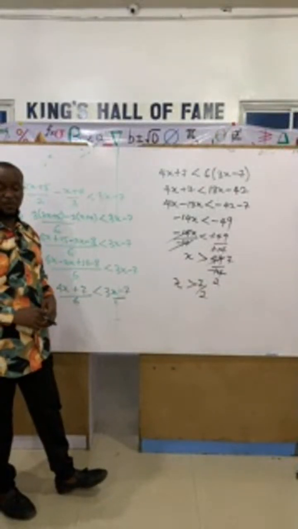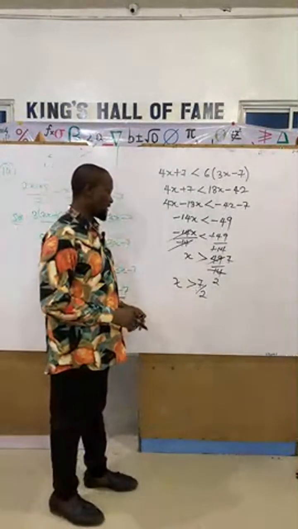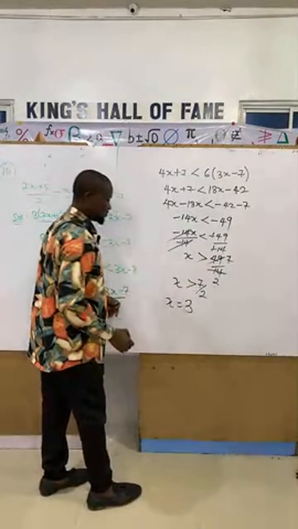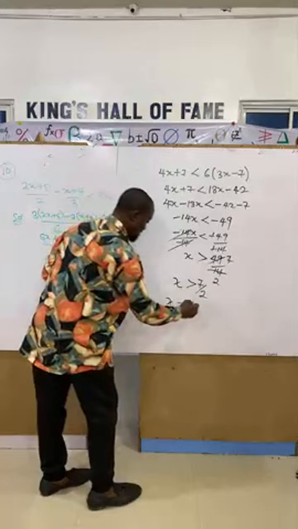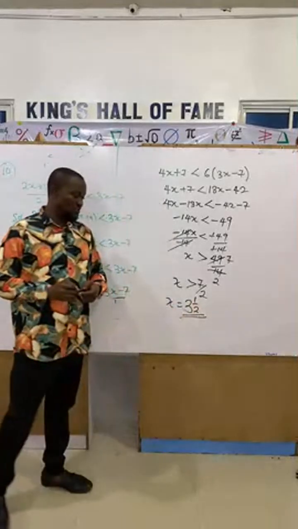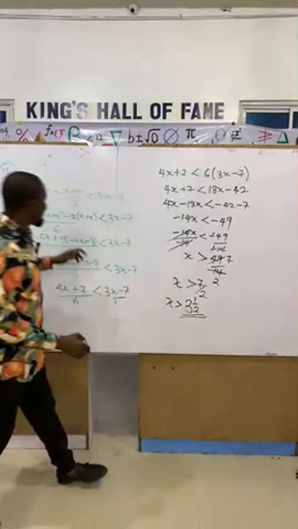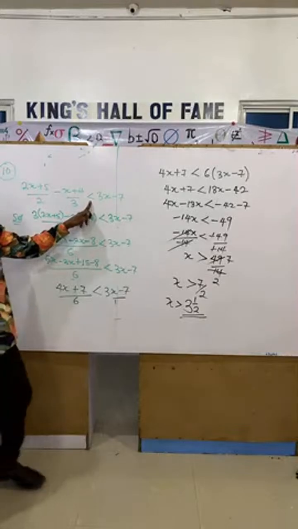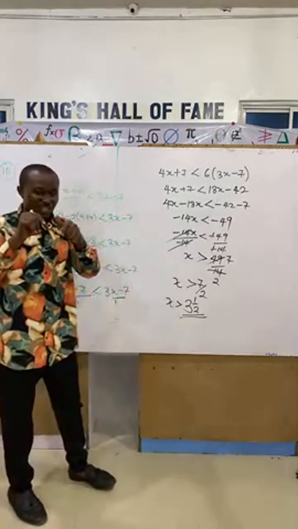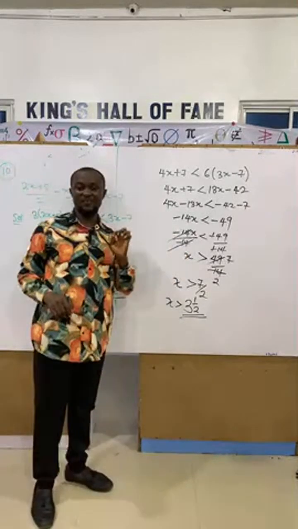That is an improper fraction. So how many do we have in 7? 3. 3 times 2 is 6, remainder 1 over 2. That will be 3 whole number 1 over 2. Don't forget the sign is greater than. We started with less than, but we ended at greater than, because of the law of inequality that talks about a sign in division.